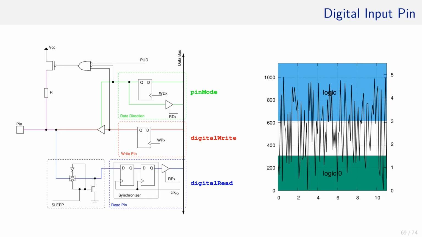However, for an analog signal, the input looks very different. It is not in a logic 0 or logic 1 region all the time. It might flicker a lot depending on the analog value, or the voltage might linger in that undetermined section here. The problem is that the reading pin section might update itself with a high frequency, even if the voltage just changes a little bit.